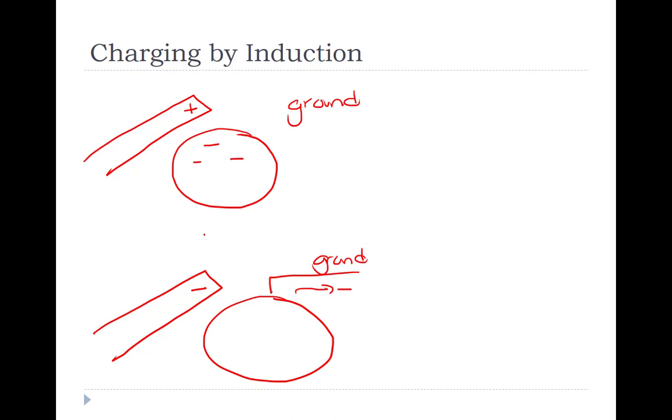Opposites attract, likes repel, leaving me unbalanced positive charges here. When I break this connection, I now have an excess number of electrons in the ground, but my second object is positively charged. So you can see in both cases, I end up with an oppositely charged object.